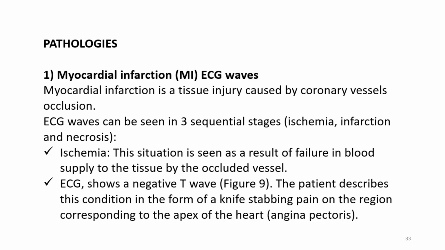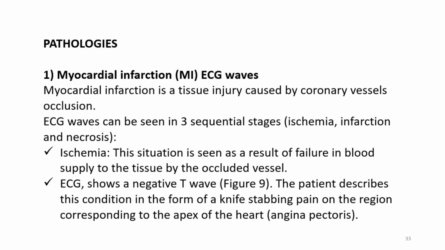Now, pathologies. Myocardial infarction. Myocardial infarction is a tissue injury caused by coronary artery occlusion. Electrocardiogram waves can be seen in 3 sequential stages: ischemia, infarction, and necrosis.